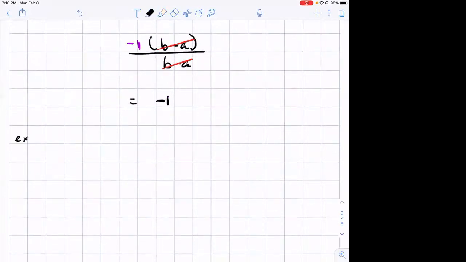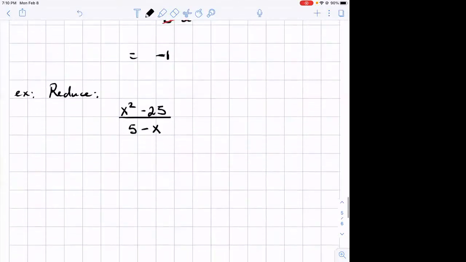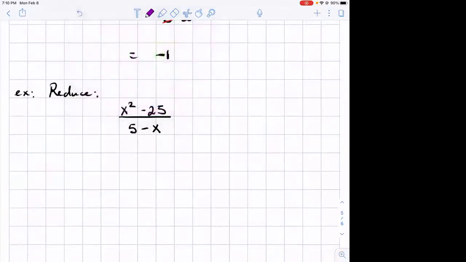Let's look at another example. Reduce. How about if we have x squared minus 25 divided by 5 minus x? Well, we can start off by factoring the numerator.